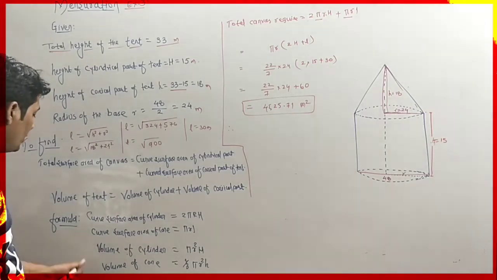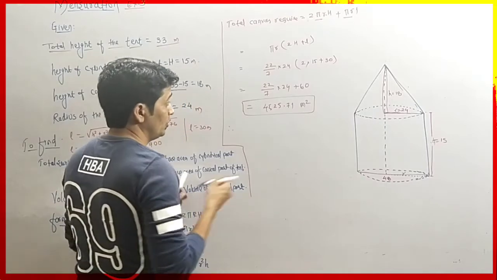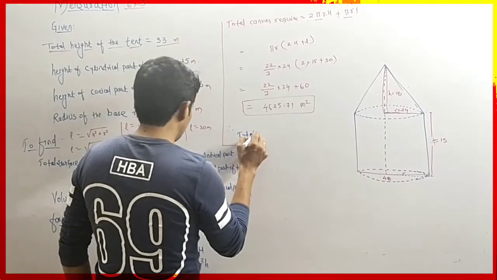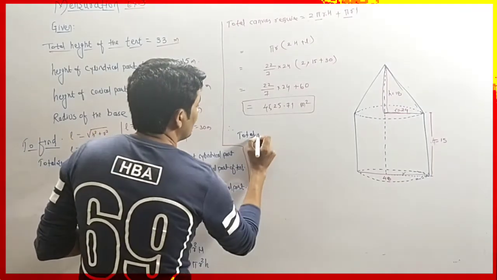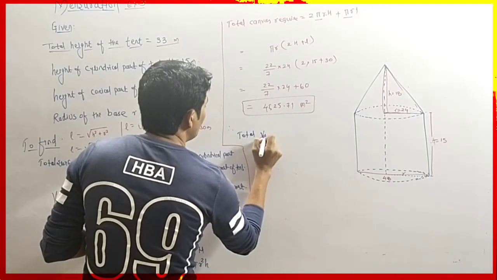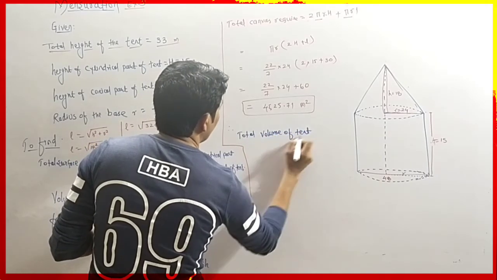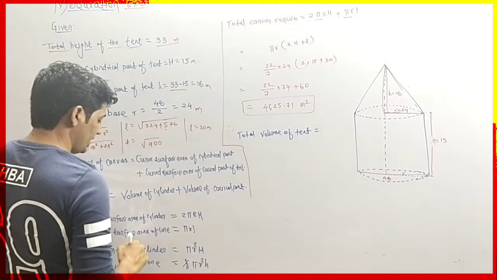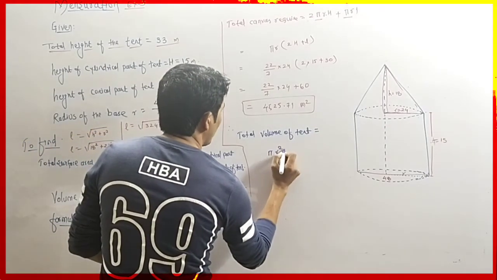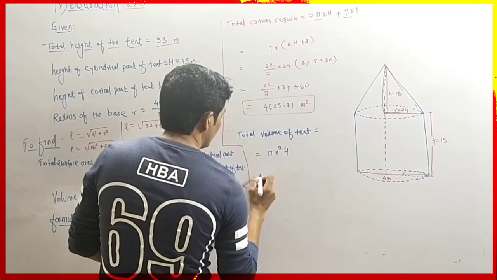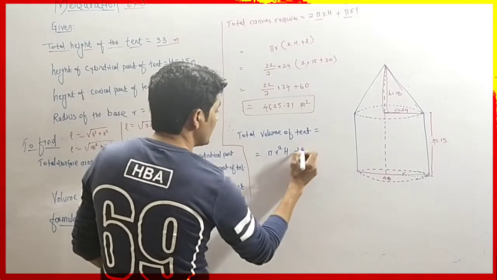Now we have to calculate the total volume of the tent. So the total volume of the tent equals the volume of the cylinder, which is pi r square h, plus the volume of the cone, which is 1 by 3 pi r square h.